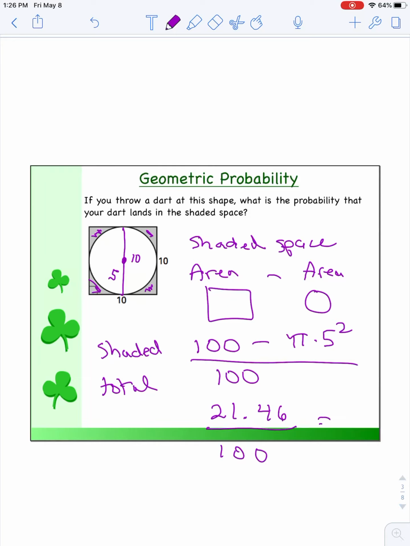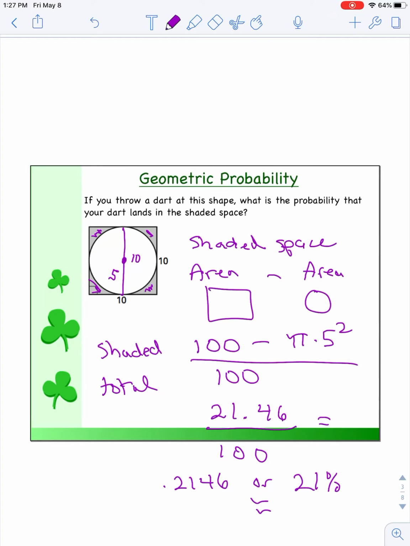When we divide that, we would get 0.2146, or if we want to give it as a percent, 21%. Actually, we could be a little bit more exact, but approximately 21%.